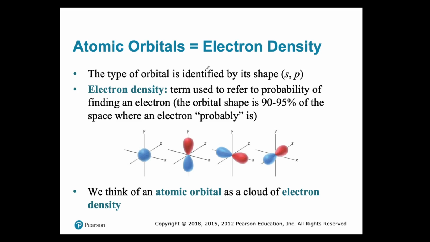That's why we think this is what an atomic orbital looks like, and it's about 95% of where the electrons are present.